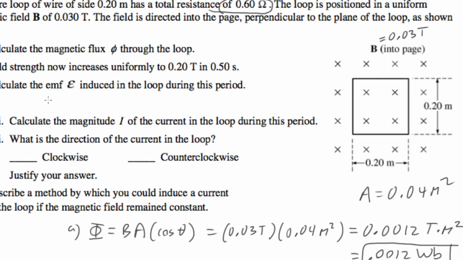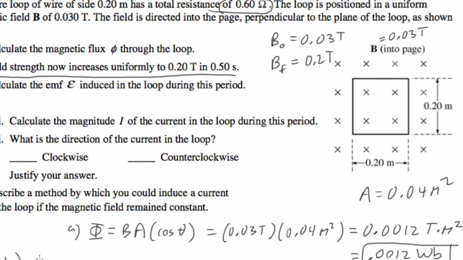All right, second question. So now what they say is this. The field strength now increases to 0.2. So this is what we got. Our initial magnetic field is 0.03, and our final magnetic field is 0.2. All right, the key idea for this whole topic of induction is simply this.